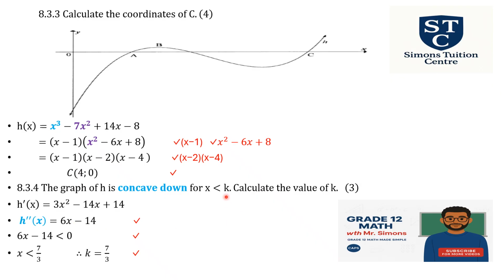Since it's concave down, I say 6x minus 14 is less than 0. If I take 14 over, it becomes plus 14 divided by 6, which simplifies to 7 over 3. So x is less than 7 over 3, but they said x less than k, so k equals 7 over 3. 1 mark for the second derivative, 1 mark for making it less than 0, and 1 mark for getting the correct k value.